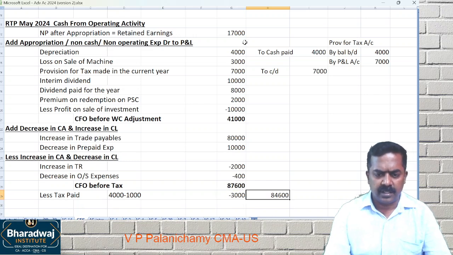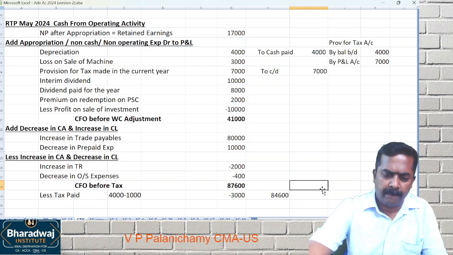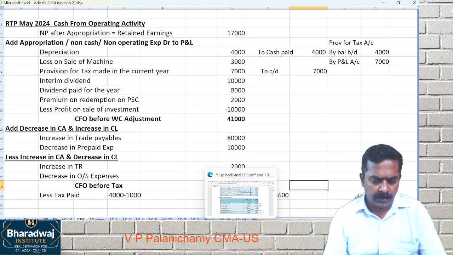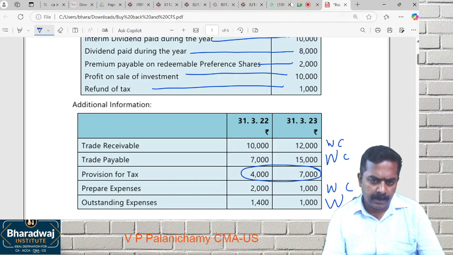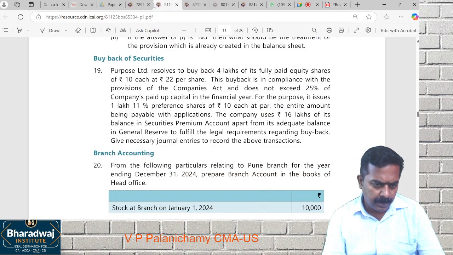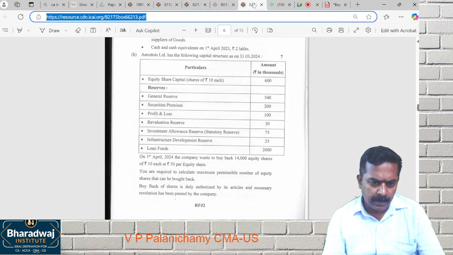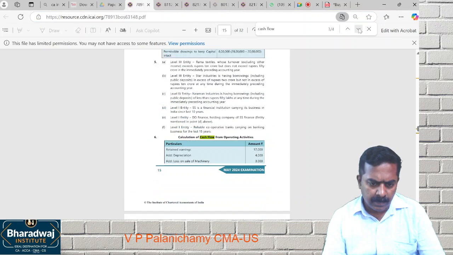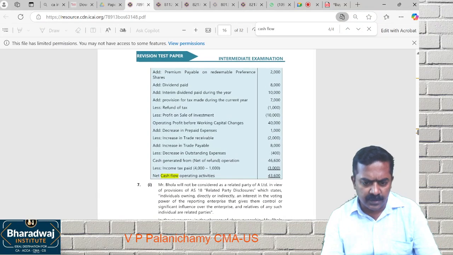This is your net cash from operating activity. How much do we get? 43,000.